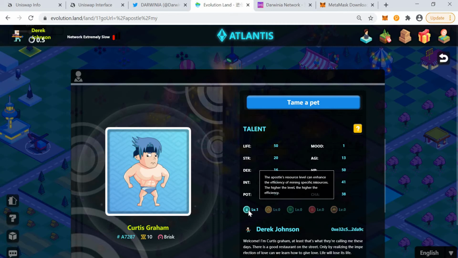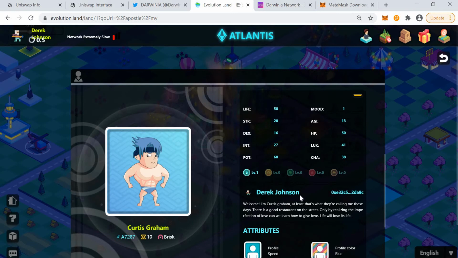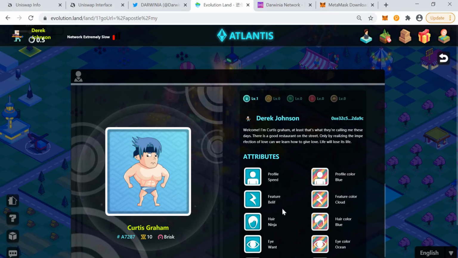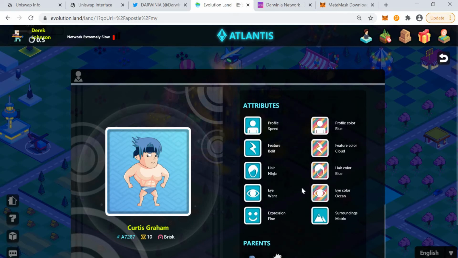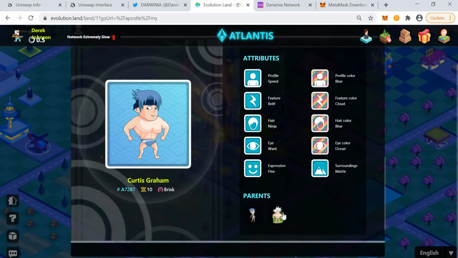I have a level 1 on HHO, which would help working on specific lands that have higher resources. So that's also another aspect I'm going to talk to you guys about. If you go over here, there's a brief description. It shows all the attributes. You can see different surroundings, eye color, features, whatnot, and it shows what parents it previously came from.